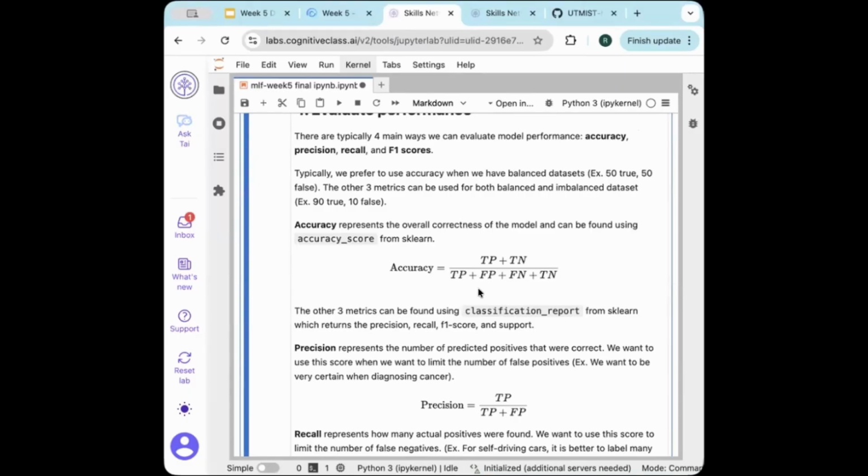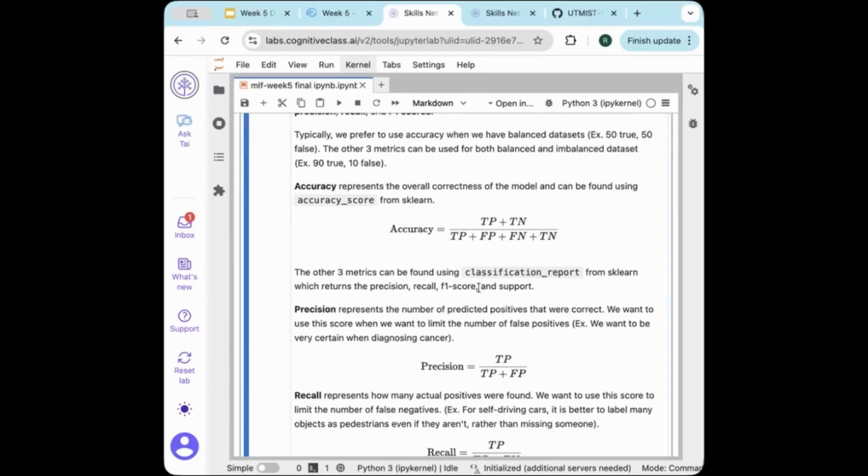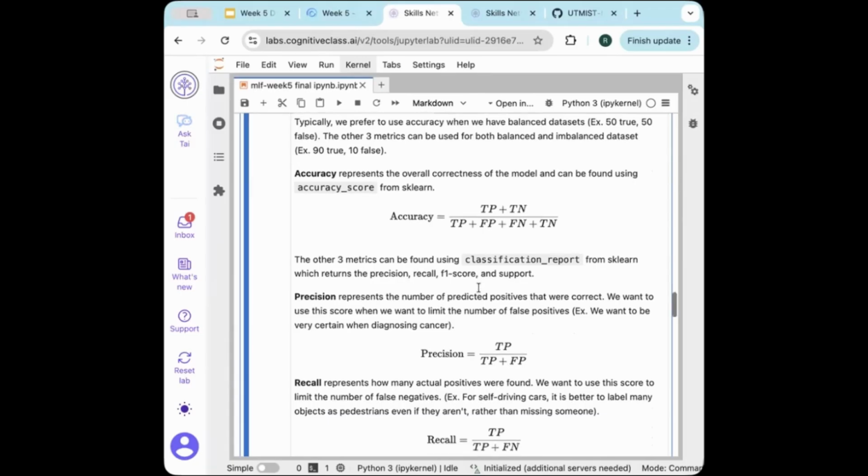They were classified as false even though they were true, or vice versa. But we only care about the true ones, and we take the sum of them over everything, all the predictions that we have made. As a result, that gives us accuracy.